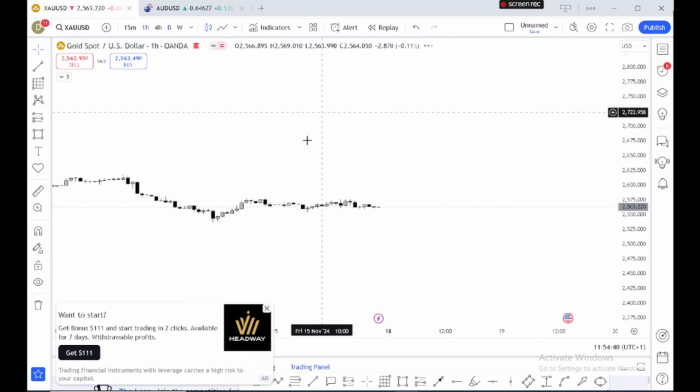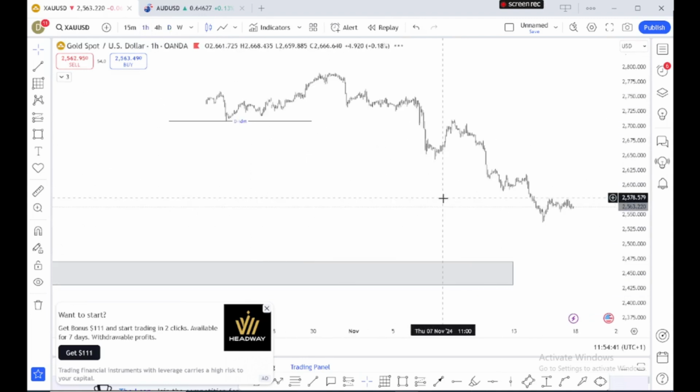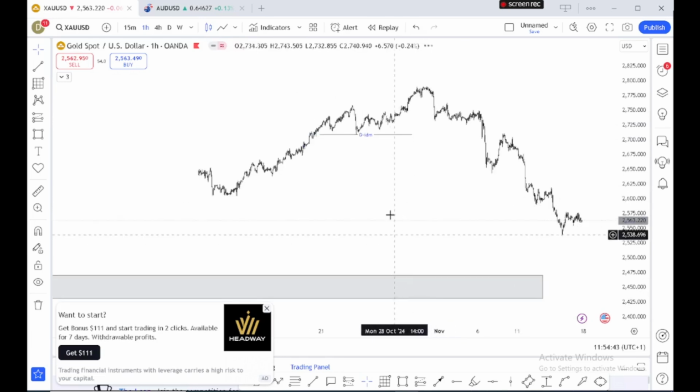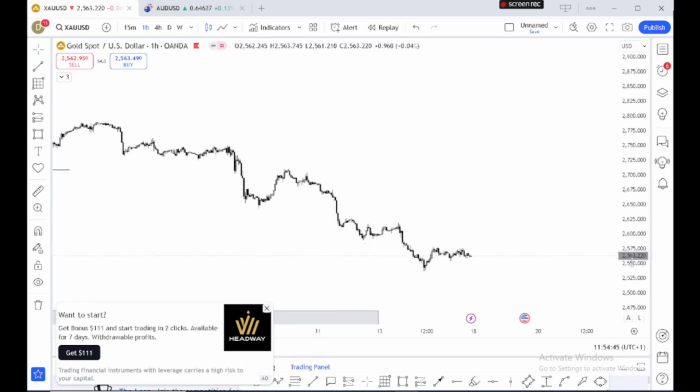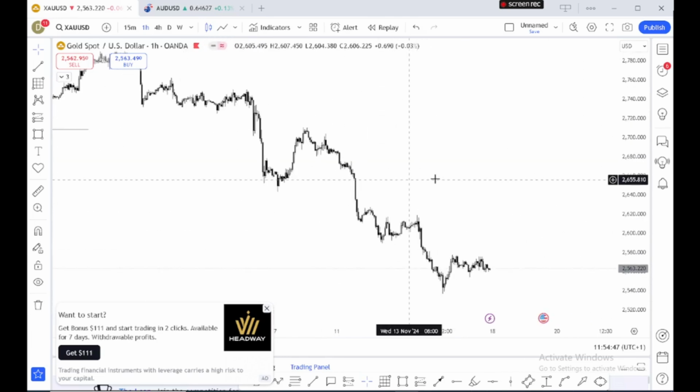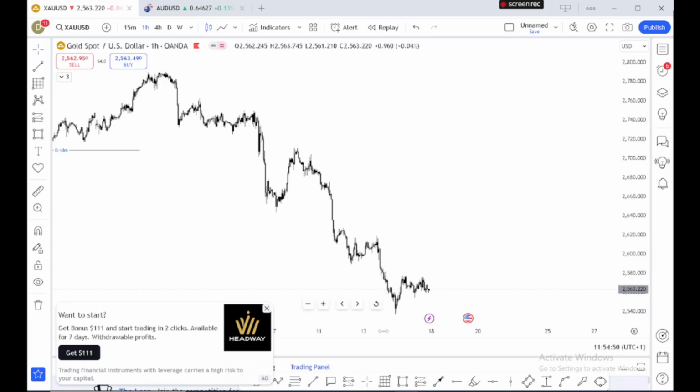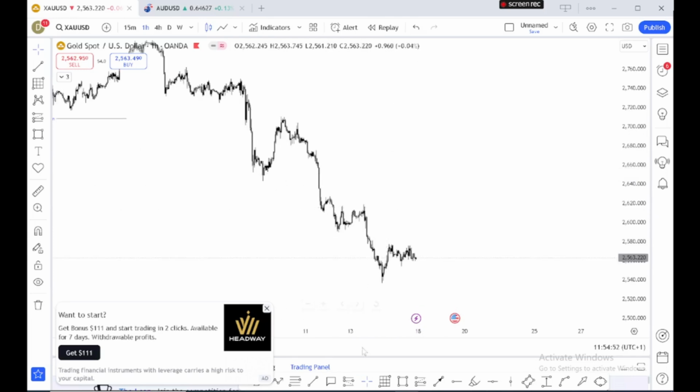In 1 hour, this will be a bearish trend, temporary bearish. So I will wait for 1 hour to give me a kind of signal that this daily pullback is about to finish. As you can see, market is giving us this 1 hour movement to the down.